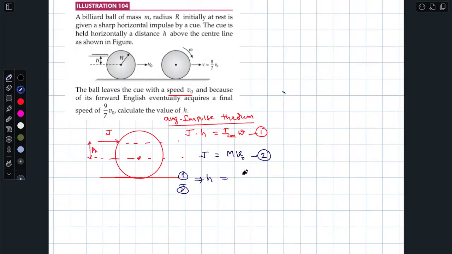So h is, it is a billiard ball, 2/5 m r square omega by m v naught. Cancel. So wherever I have v naught h, I can write 2/5 r square.